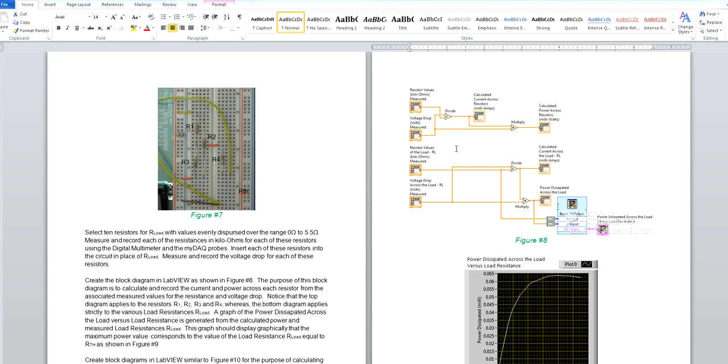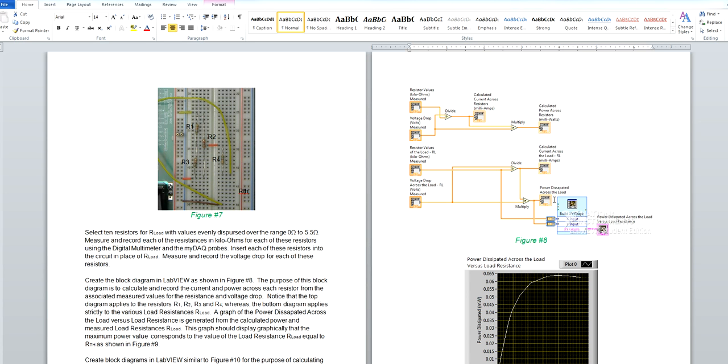With regards to the load resistors, the 11 load resistors that we're referring to, the initial load resistor plus the additional 10, looking at the lower block diagram of figure 8, we're going to take the resistor values that we measured with their associated voltage drops, once again dividing the voltage drops by the resistor values to determine our calculated currents, multiplying those currents by the resistors to come up with the power dissipated across the load, and then building a graph from that.